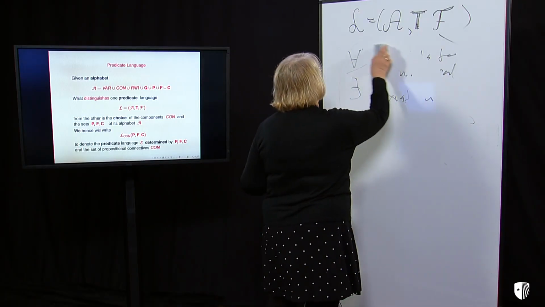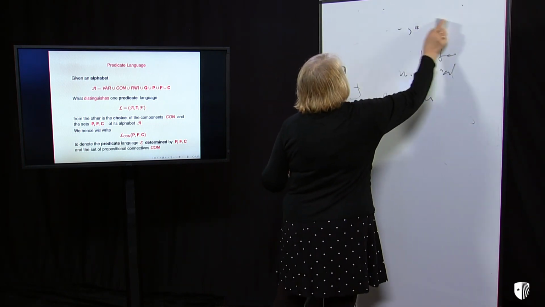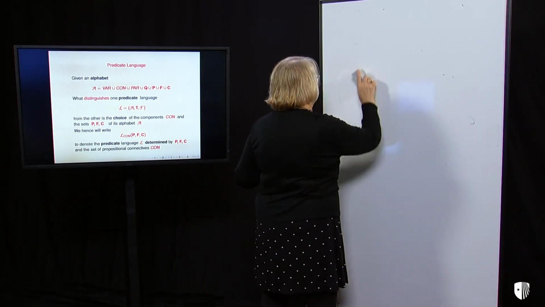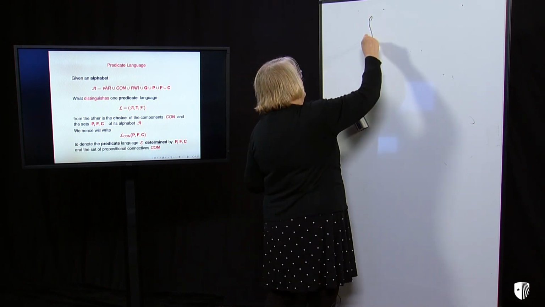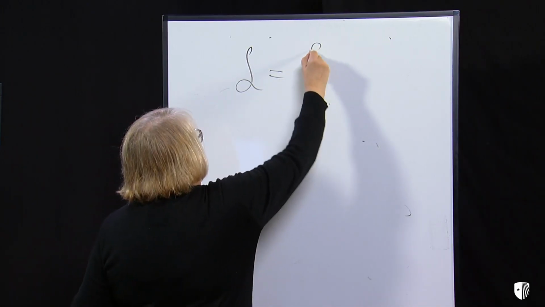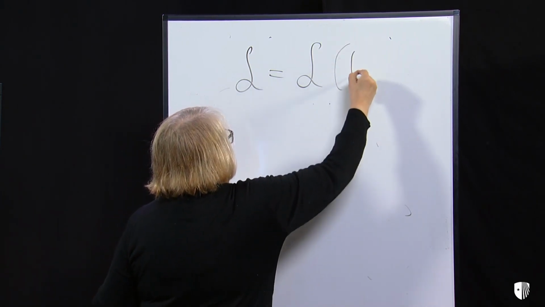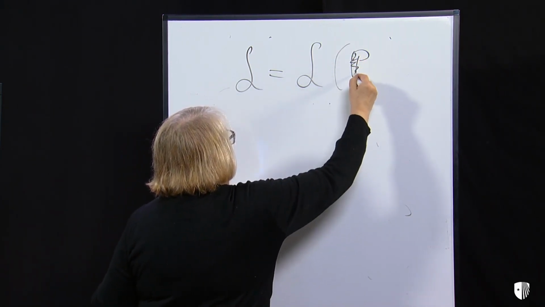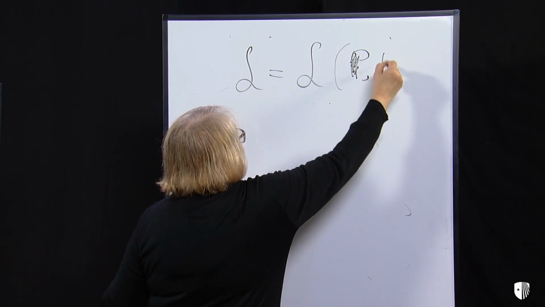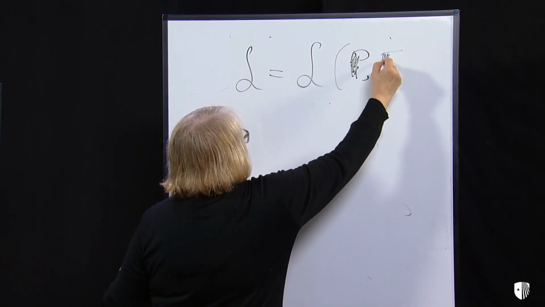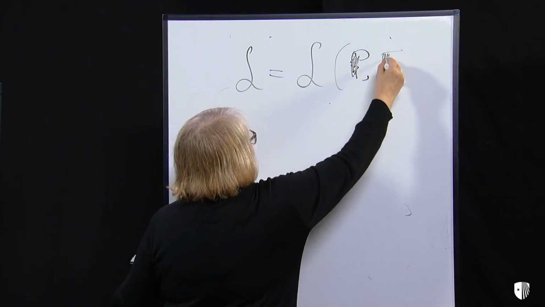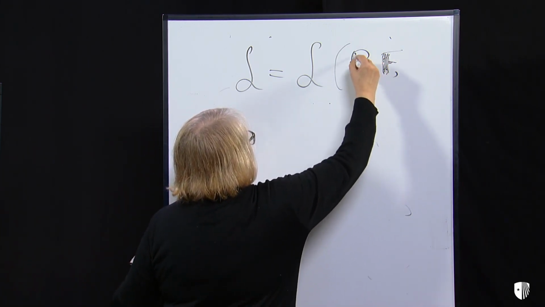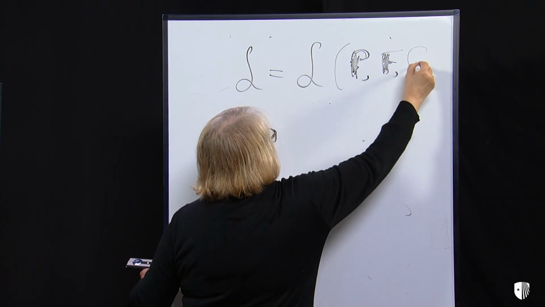So we now write the predicate language. We would write that our L depends on how we specify P, we specify F, and C, for predicate symbols, functional symbols, and constant symbols.